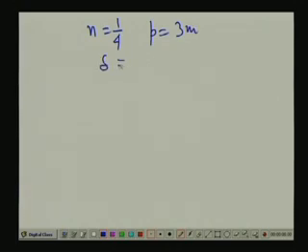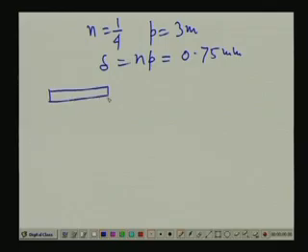Now, since the turn is 1/4, n is equal to 1/4, and the pitch is 3 millimeter. So, the delta, which is equal to n times p, is equal to 0.75 millimeter, and the compatibility gives that, this is the copper sleeve and there is the steel bolt.